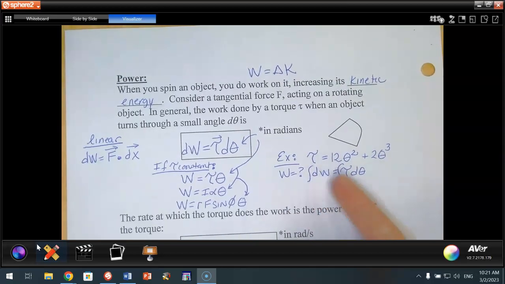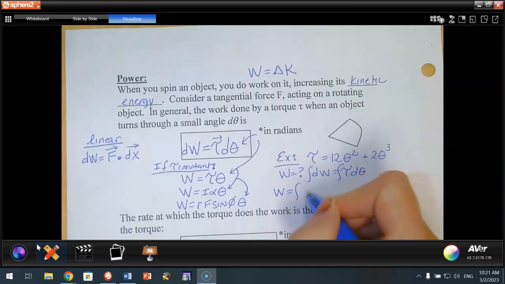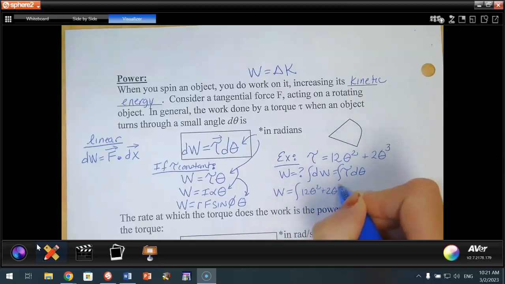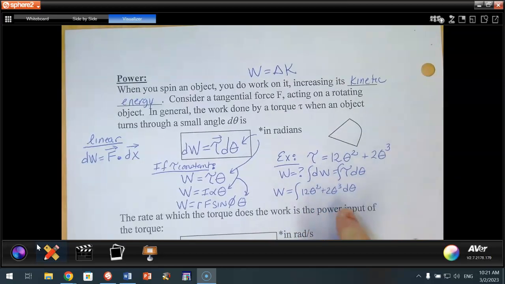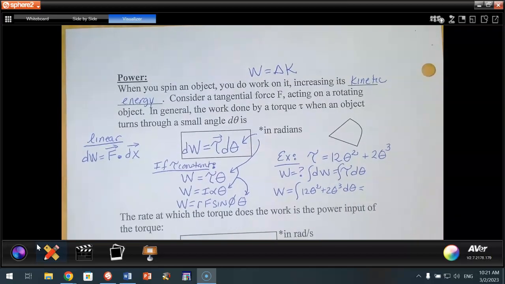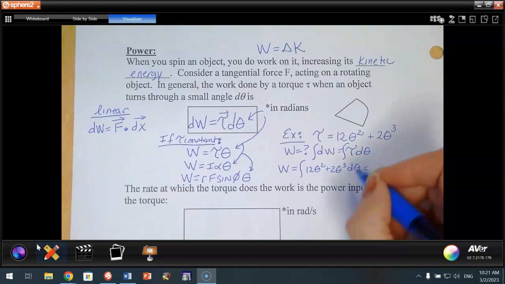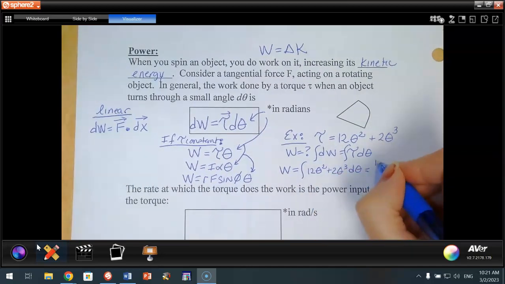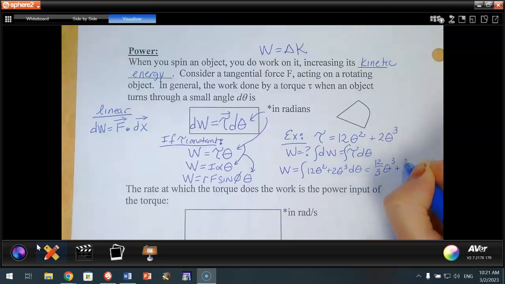When I take the antiderivative of dW, I just get work. And then I need to take the antiderivative of 12 theta squared plus 2 theta cubed with respect to theta. So theta is what varies, and it's just a polynomial, so you just do the antiderivative: add 1 to the exponent, divide by the new exponent. So this would be 12 thirds theta cubed plus 2 fourths theta to the fourth.